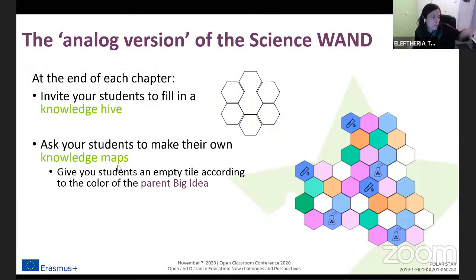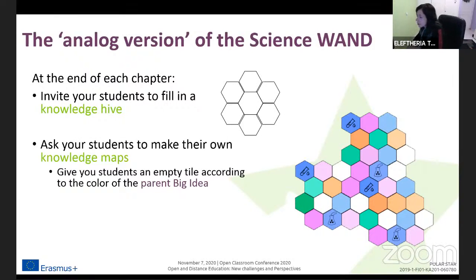So every time they learn something new, you give them one of these little tiles, and you ask them to place them on a board or on a wall or on a foam board, wherever you want. And you keep doing that every time they learn something new. And the idea here is they have to place the tiles together so that the concepts that are connected are placed together.